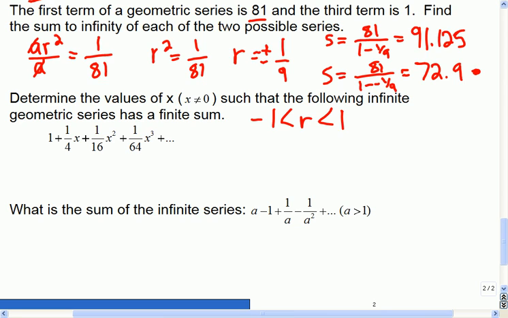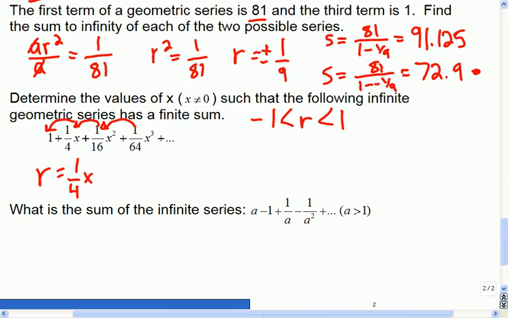Can anybody tell me what the common ratio would be in this series? Sure, Danny? Yeah, so it's a quarter x, the common ratio. If you take any term and you divide it by the previous, you're going to get 1/4 x divided by 1. Or if you did it this way, you'd still end up with 1/4 x, any term divided by its previous.